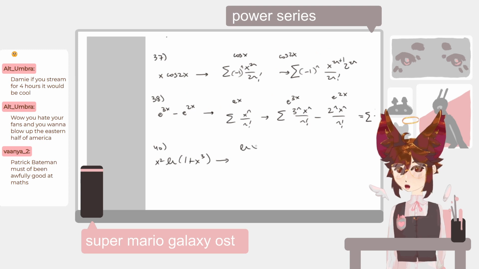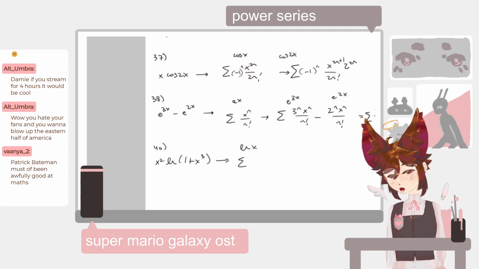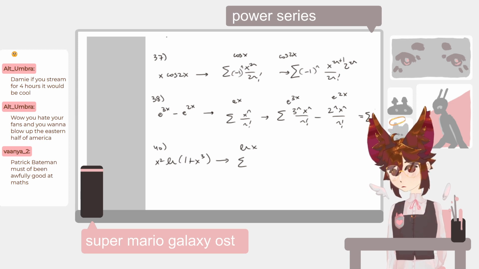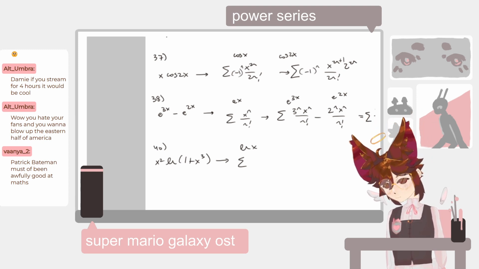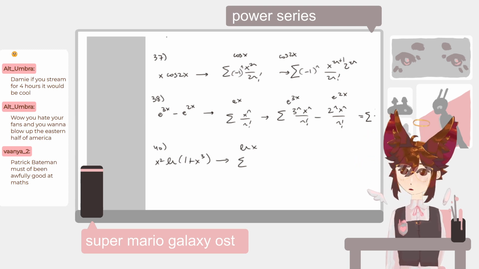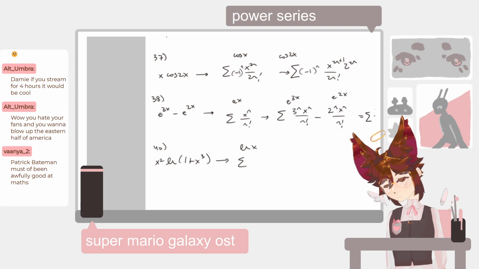Okay, so ln of x. Do I know the power series for ln of x? No, I don't. Oh no. Oh, it has an n+1 in it. No, not my n+1s, please.